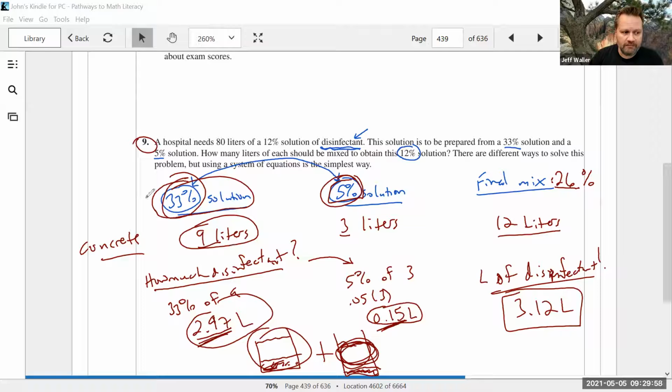Does everybody agree that if I had a 33% solution and I just added more water, that number would go down? Wouldn't it be less and less percent disinfectant if I just added pure water? Is anybody not with me? Because now it's less disinfectant relative to how much water there is.